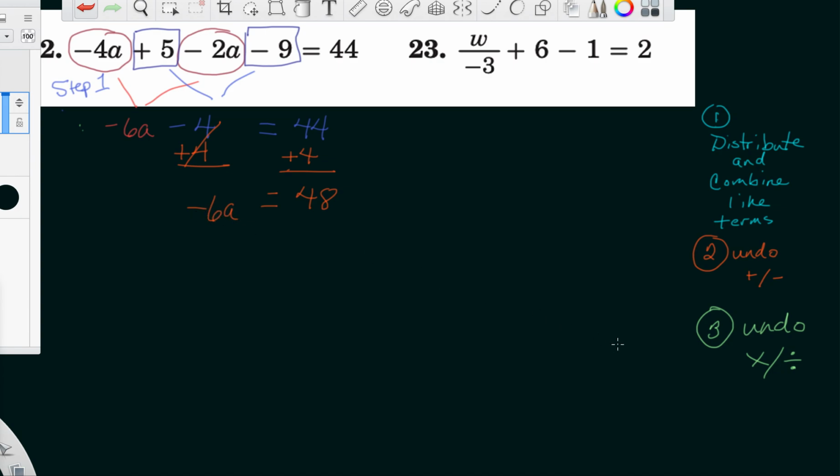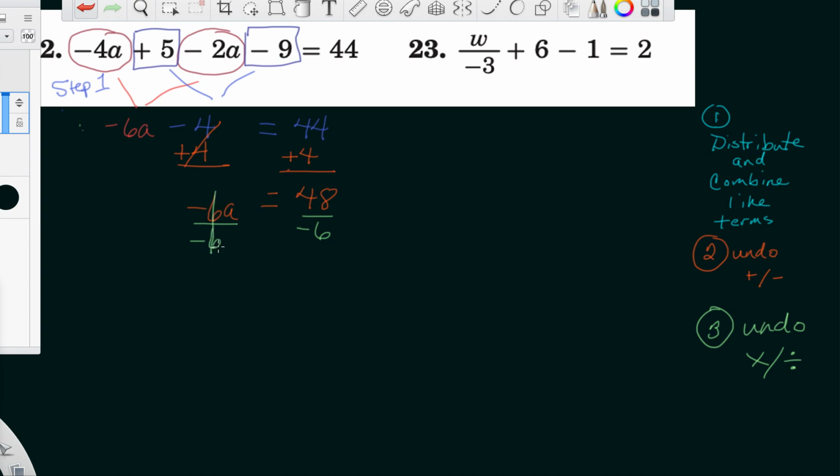Now I have some multiplication. I need to undo my multiplication with step 3. I undo multiplication by showing division. We show division with a fraction bar, and we're going to divide by that exact amount that a is being multiplied by. We're going to divide by negative 6 on both sides, because of the division property of equality.